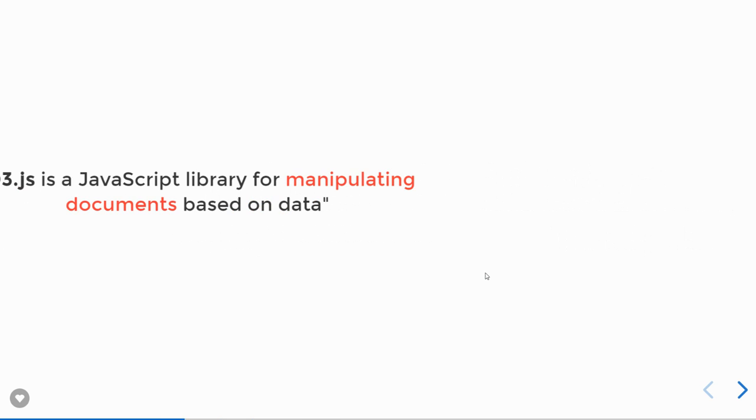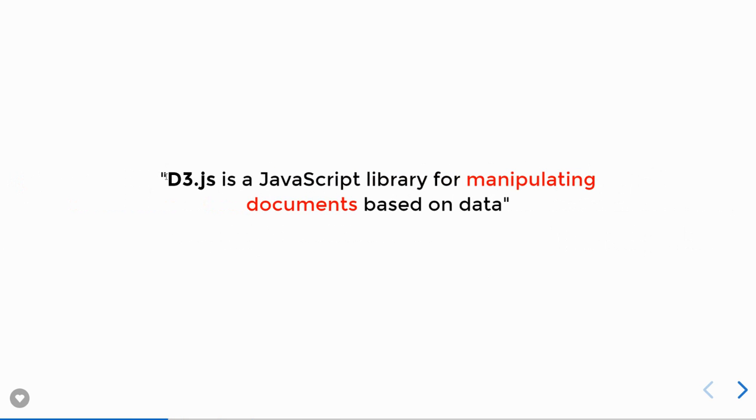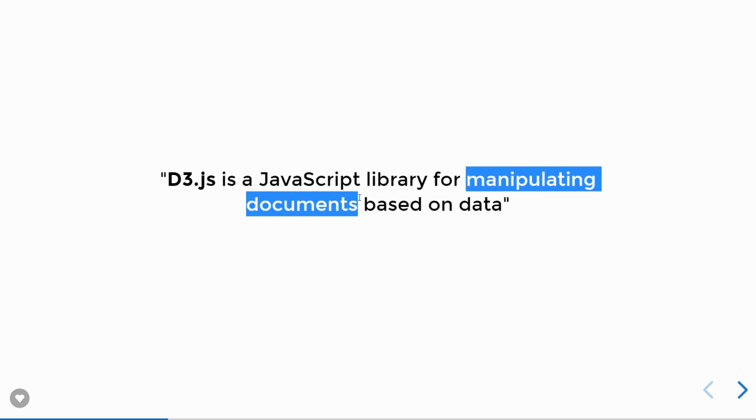Just to recap, the quote from the official website has nothing to do with data visualizations. It doesn't mention anything about visualization of data. It is a library to manipulate documents.